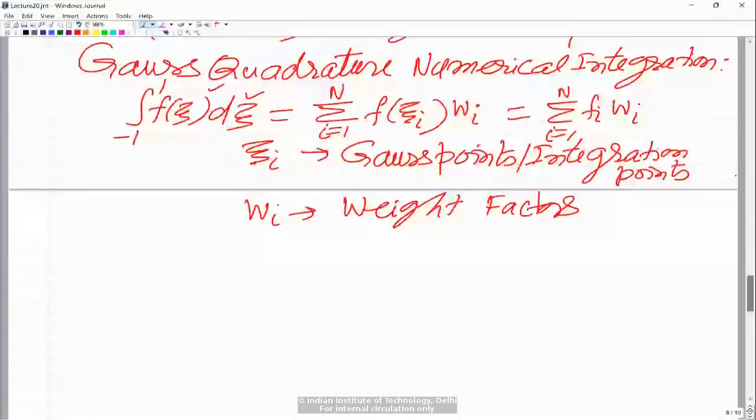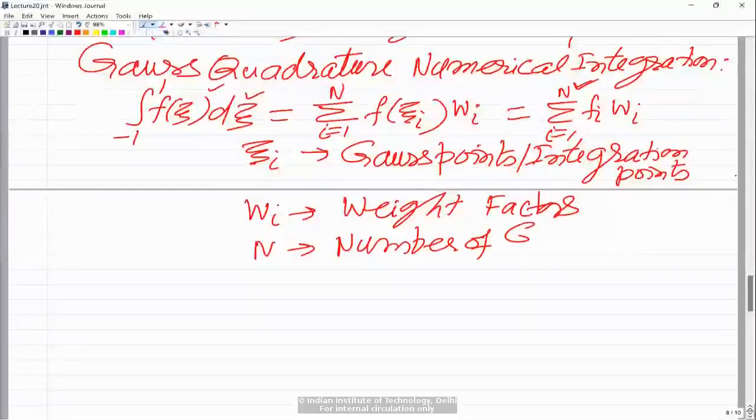Now one important question you may ask: sir, how do we choose this capital N? This n is not a function, this is the number of Gauss points. So here n is known as the number of Gauss points, or integration points. Sometimes we say Gauss points, or sometimes integration points, both are same.